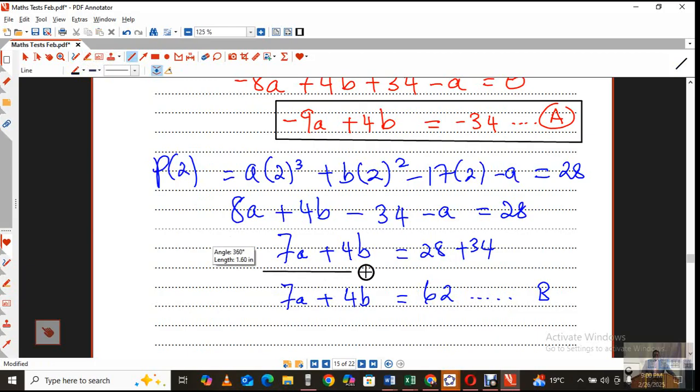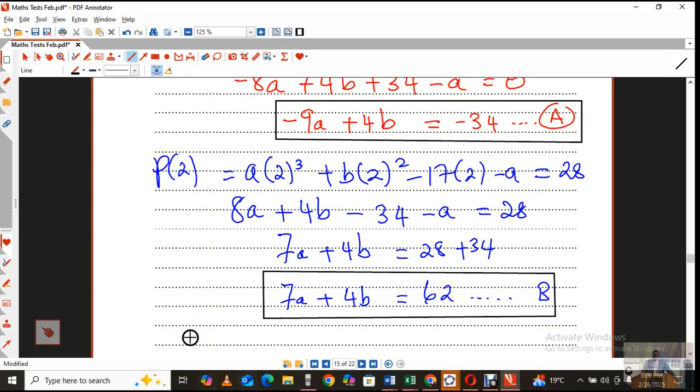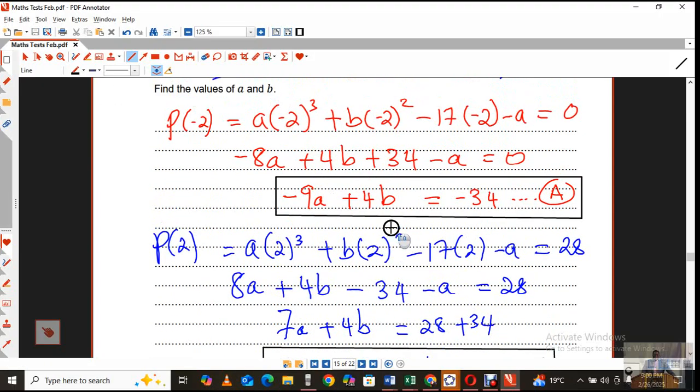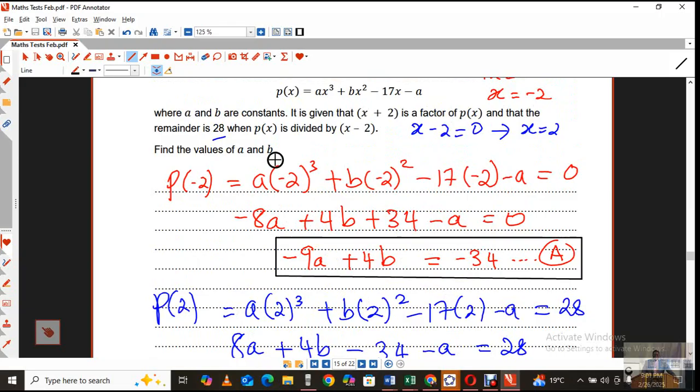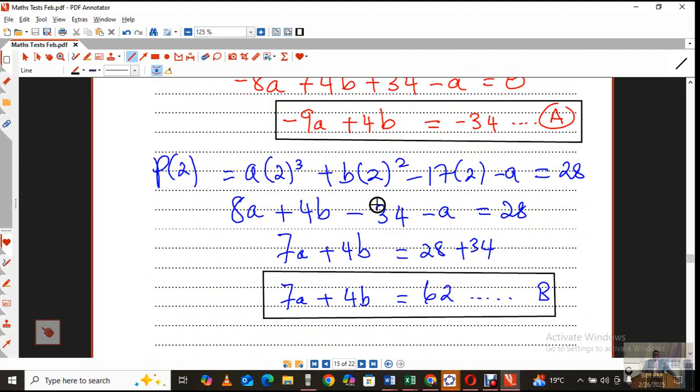Now, once we have formed this pair of equations, we are going to solve them simultaneously. By now you should have no problem in this type of work. This is ordinary level mathematics. Essentially we are looking for a and b, so two equations need to be formed, and you solve them simultaneously.